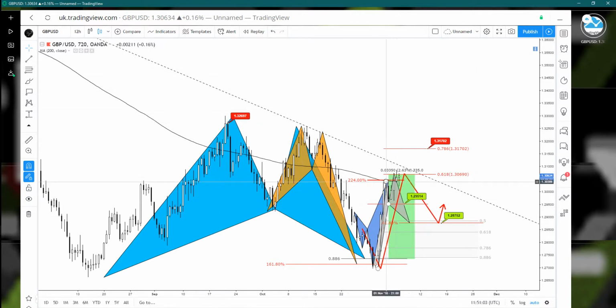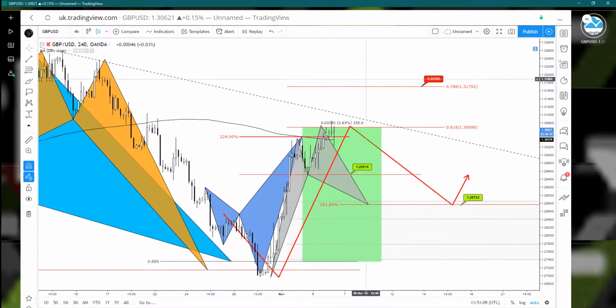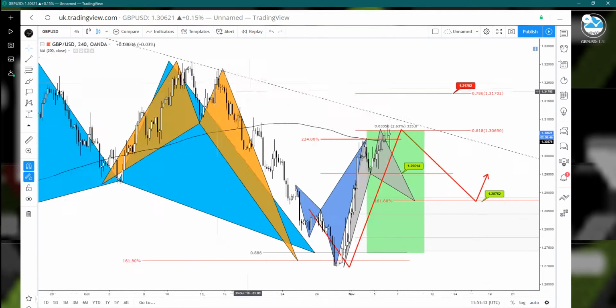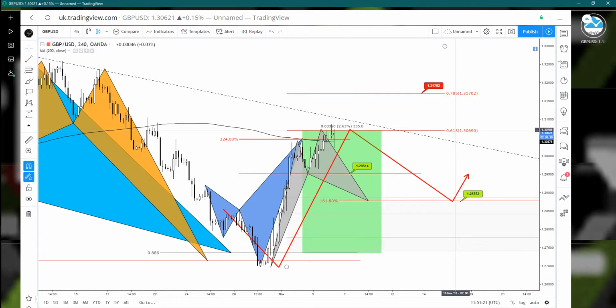That said, this is cable. I will decrease this into a 4-hour time frame because we are trading a critical area here. So we are approaching this bearish descending structure trend line as potential resistance level or pressure zone. We are trading the golden ratio, the second target, and the market is trading at divergence at this point.